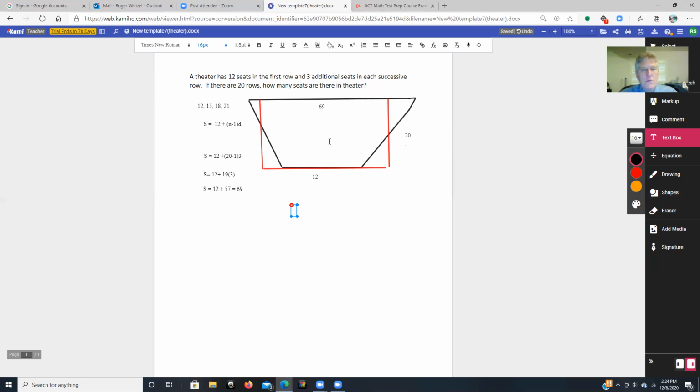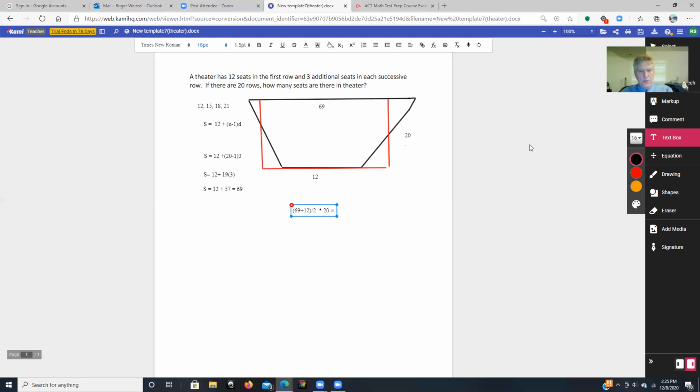So what we're going to do, this is the same as the area of a trapezoid. We're going to take 69 plus 12, all of that divided by 2, and we're going to multiply it by 20 rows.